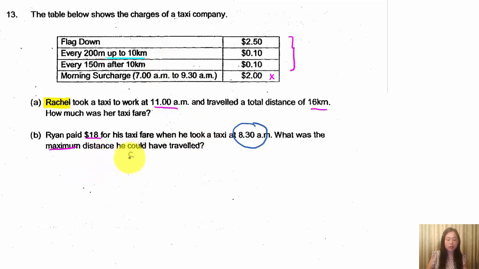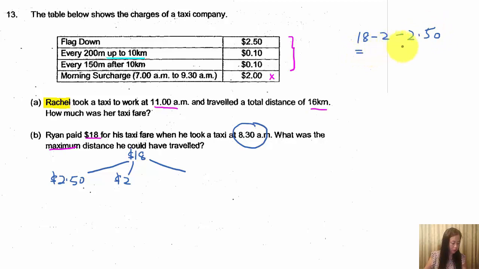So for $18, let's distribute for the different components. Flag down rate is $2.50. Surcharge is $2. And the remaining money will be used to travel as far as he can. So if we use 18 minus 2 minus 2.50, it will be equal to 13.50.